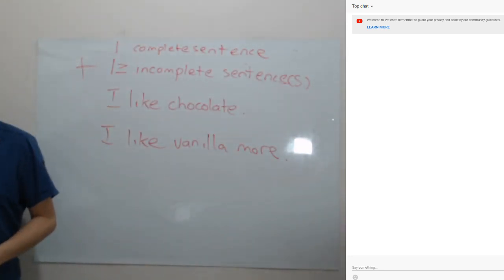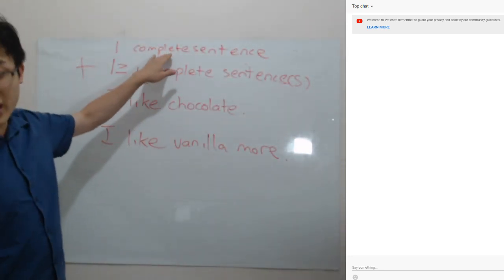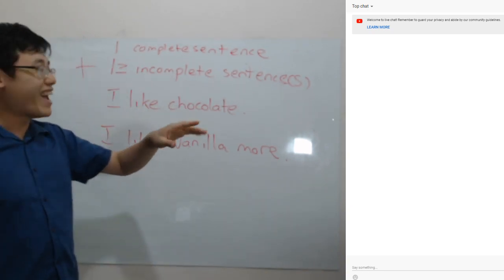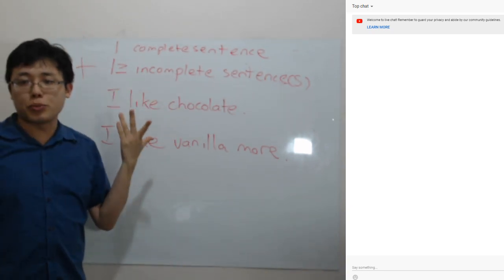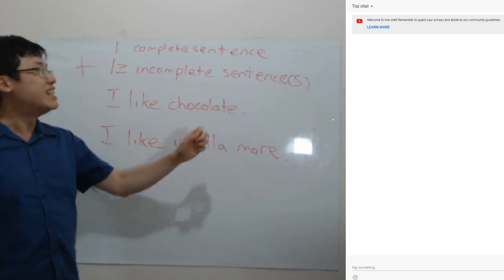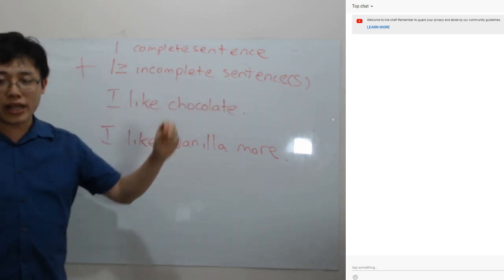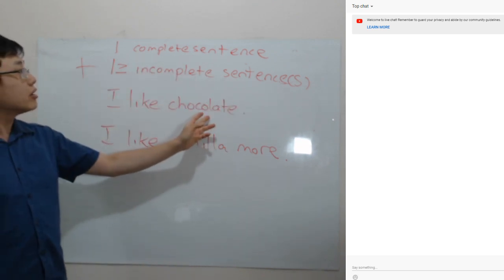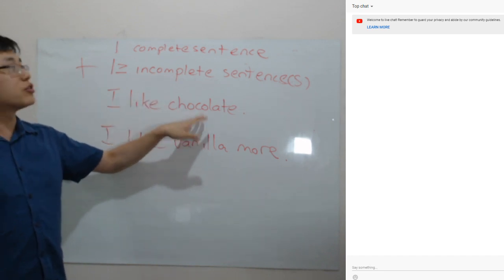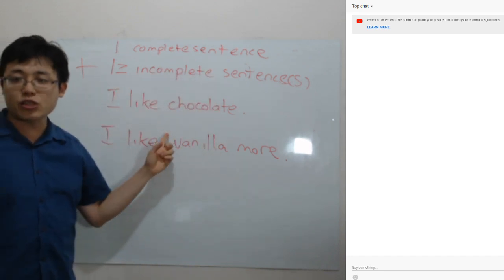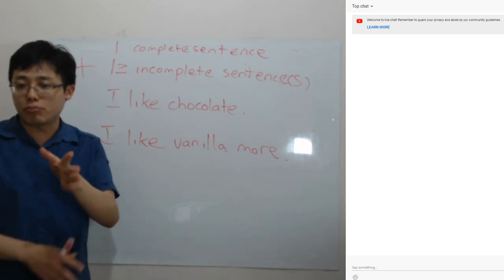So I want to make sure this is clear. You need a complete sentence, always one, and then one or more, could be 2, could be 3, incomplete sentences. And then that becomes complex. If you look here, this is just a complete sentence. There's no incomplete sentence. That's why this is not complex.